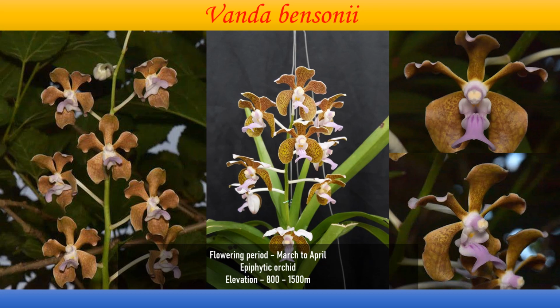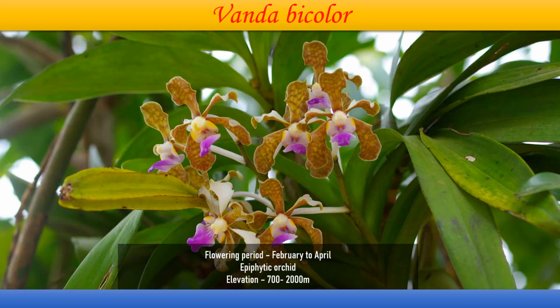Then move to our next Vanda species. Now comes the Vanda bicolor. You will never misidentify it with Vanda tessellata, because you can clearly see the sepals, petals and the color variation, and the zigzag pattern in the floral pattern.